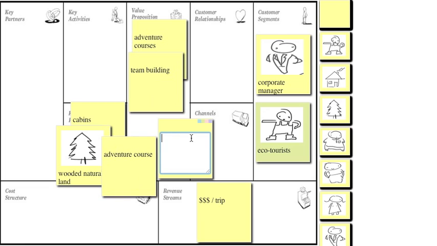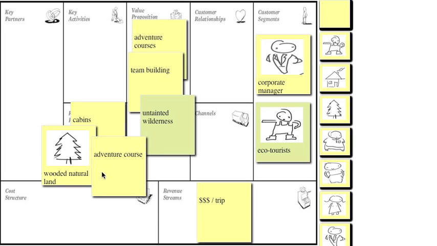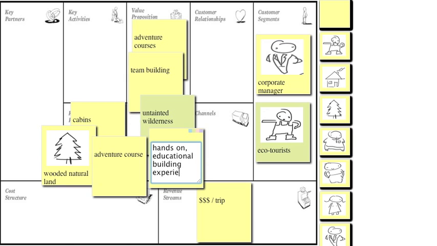So the value proposition for them would be something like: you get to come explore the untainted wilderness. However, these guys don't have a ton of money, but that's okay because they have interests that are useful to us. They're going to put in their passion and their energy. So something we can add to the value proposition is that it's a hands-on educational building experience.